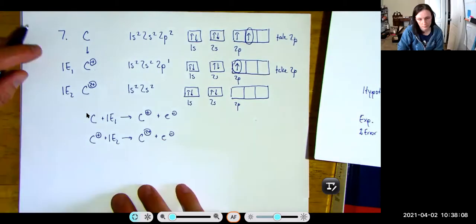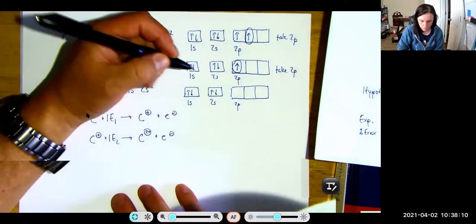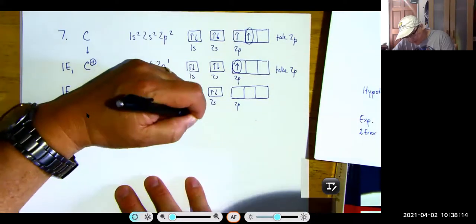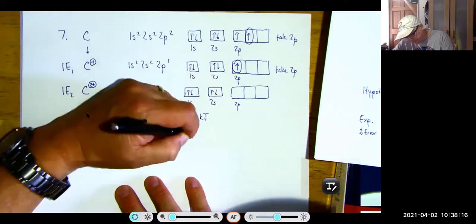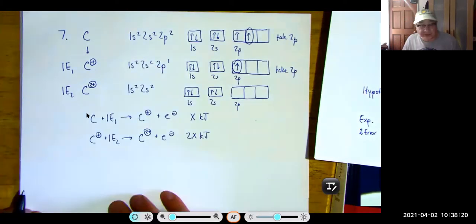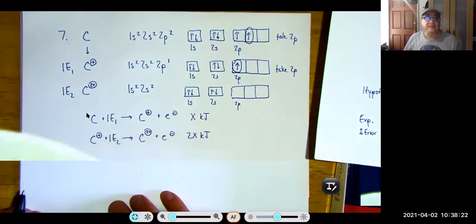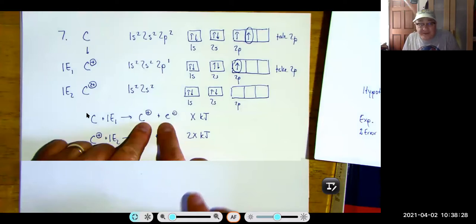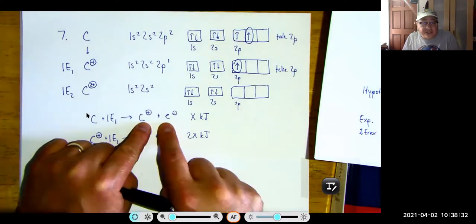Now, if this takes X kilojoules, this is probably going to take 2X kilojoules. And I'm going to explain why it's twice as much as the one above. When you look at the separation of these two ions, you're going to judge the energy based on the charges.